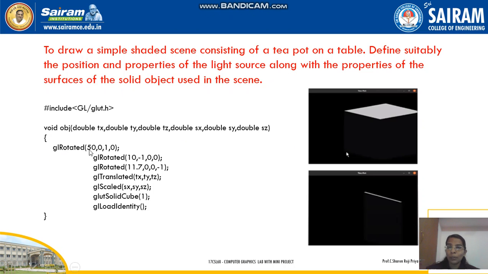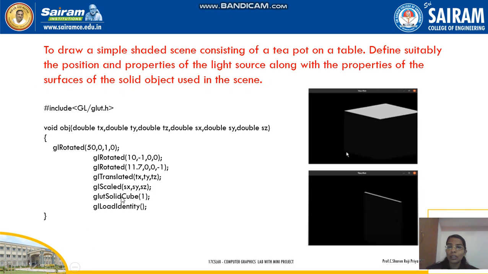Now I'll be rotating this cube by 50 degrees in the positive y-axis, then by 10 degrees in the negative x-axis, and then by 11.7 degrees in the negative z-axis. After that, I'll move this cube and then I'll be scaling.